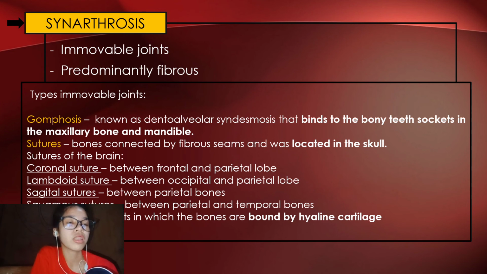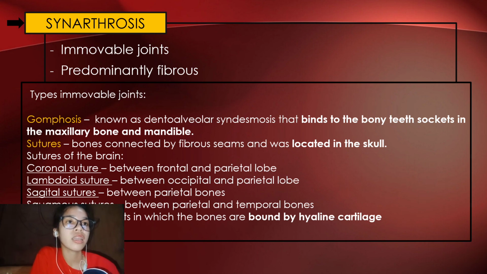First is the gomphosis, known as dentoalveolar syndesmosis, that binds the bony teeth sockets and the maxillary bone of the mandible. So makita nato ni siya dinhi sa ato ang ngipon banda. So ang synarthrosis mao ni bones nga ang purpose is nagka-connect pero dili nimo siya ma-move, immovable joints jud siya.